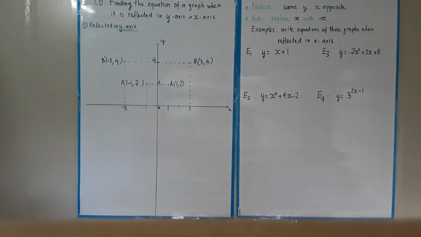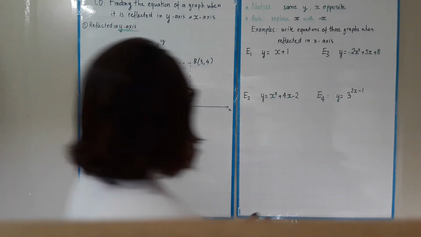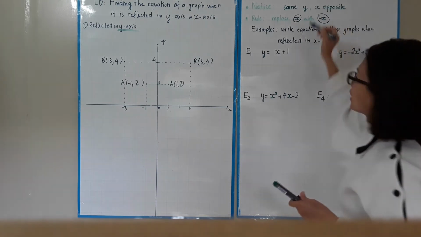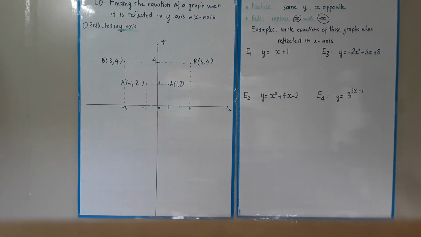Again, we have the same value of y and opposite value of x. So if you apply the same approach, when you write the equation of a graph when it is reflected in the y-axis, you simply replace x with -x, because again, same value of y, we have opposite value of x.